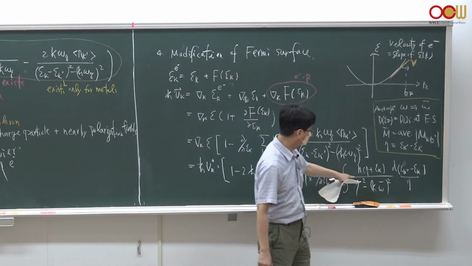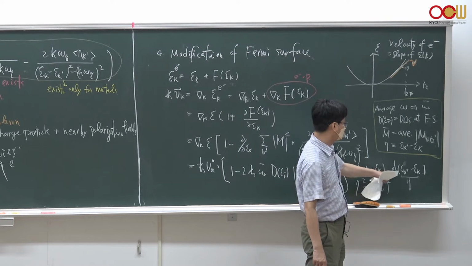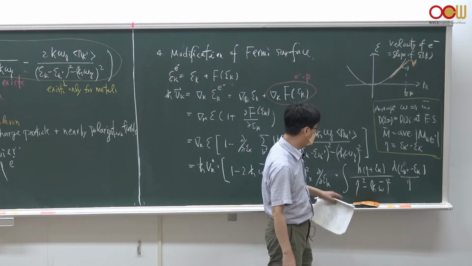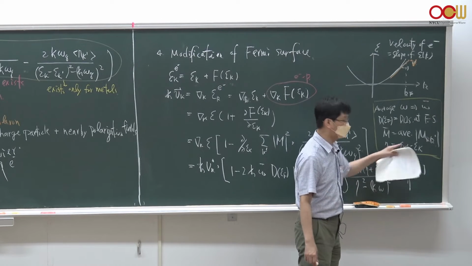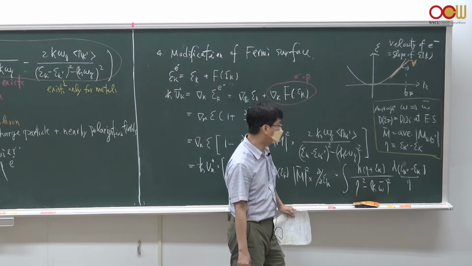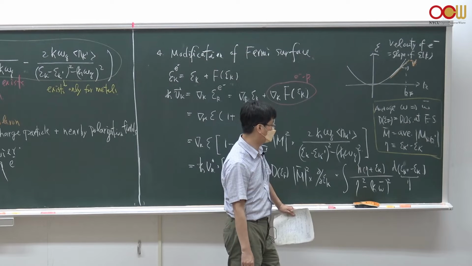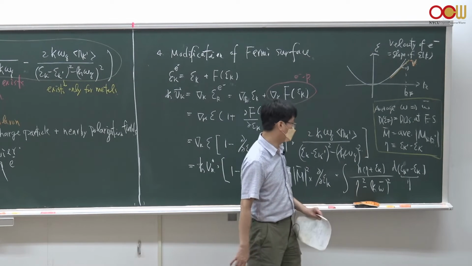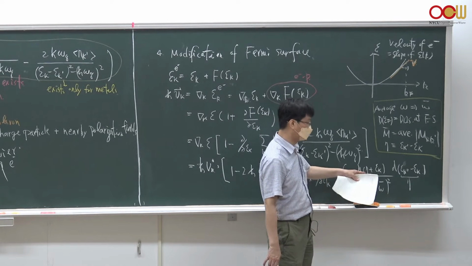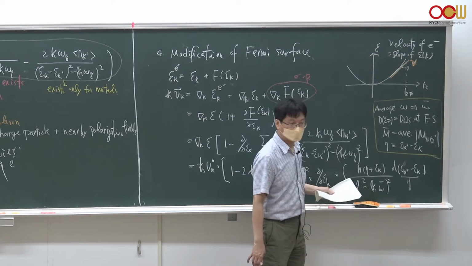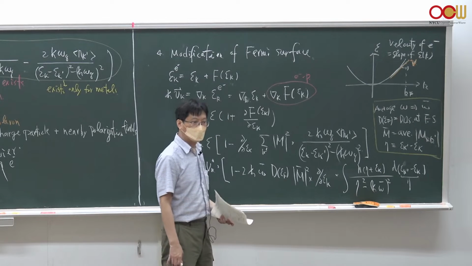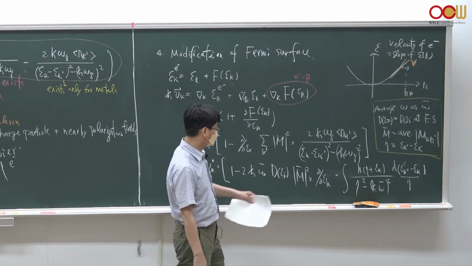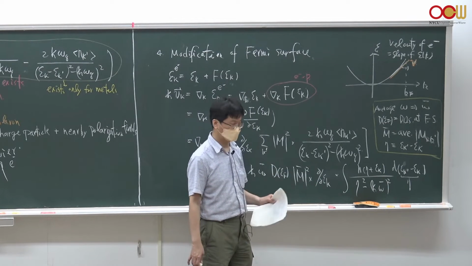This integral is handled by a change of variables to eta, where eta is defined as the energy difference between epsilon k prime and epsilon k. We'll see in a moment that this integral can be evaluated pretty straightforwardly, and then you take the derivative of this integral.